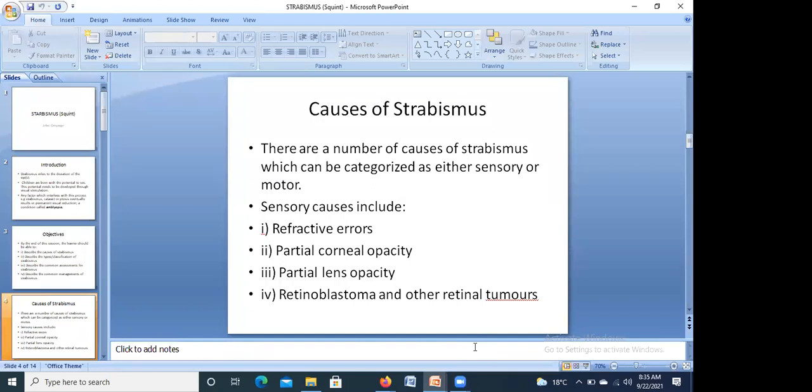And so this will include refractive errors, any partial opacities of the cornea, any opacity of the lens, which are partial, not complete, and retinal abnormalities, for example, retinoblastoma and other retinal tumors, even retinal detachment.